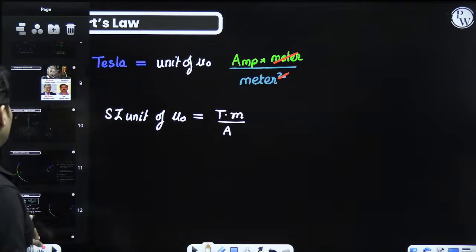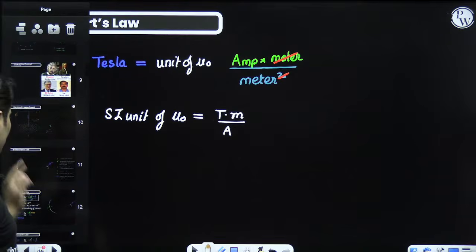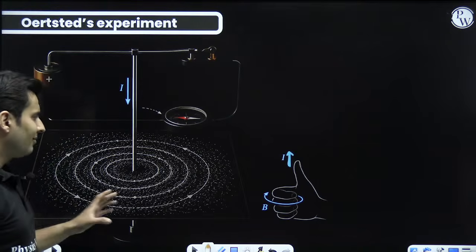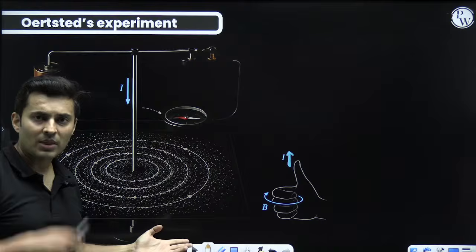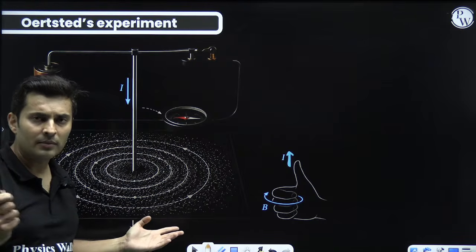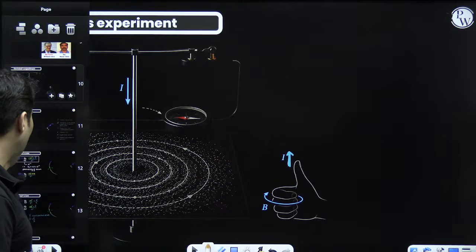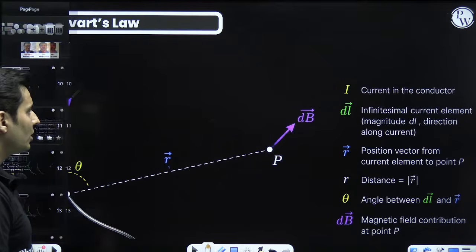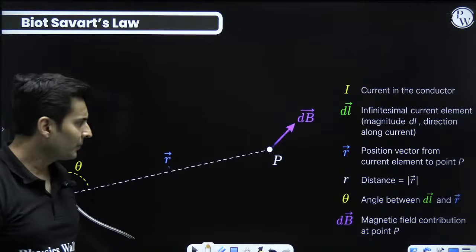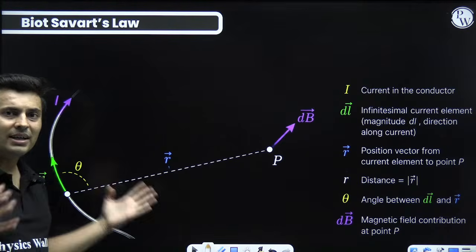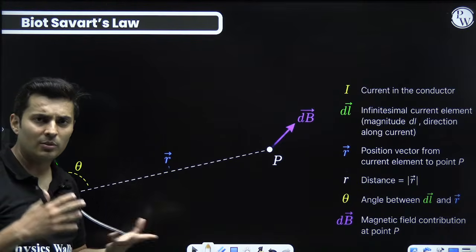So, just to quickly recap, we saw that Oersted said that whenever you have a current carrying wire, it produces magnetic field around it. But how much is that magnetic field and what is the direction is given by Biot-Savart's law. Whenever you have multiple wires, each wire might contribute in a different way.